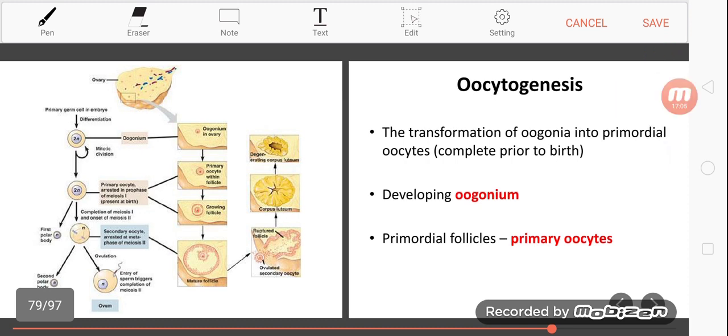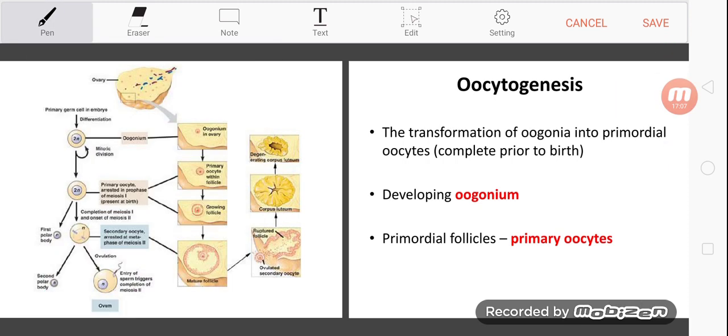Okay, this slide over here. Oocytogenesis, transformation of oogonia into primordial oocyte. This transformation of oogonia into primordial oocyte mostly involves mitotic division.